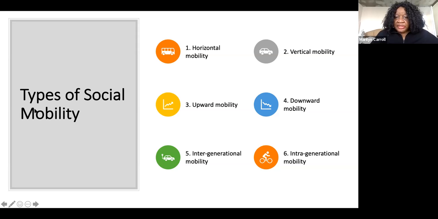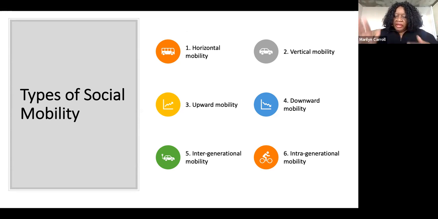So there are types of social mobility. They include horizontal mobility, which is the ability to move from one income stream directly to another. And then we have vertical mobility, which can mean that we are moving up into the next level as we gain more education.